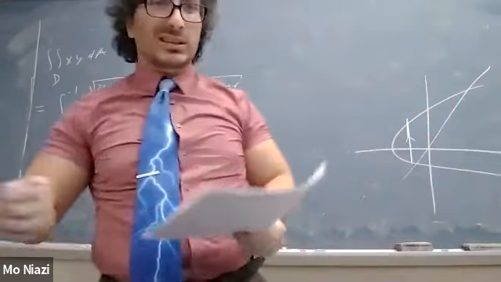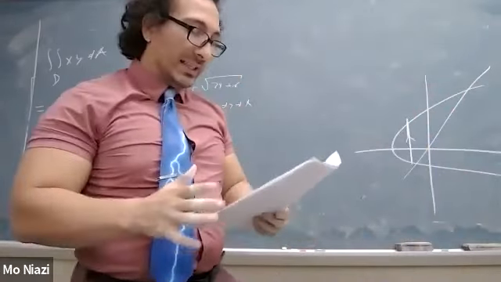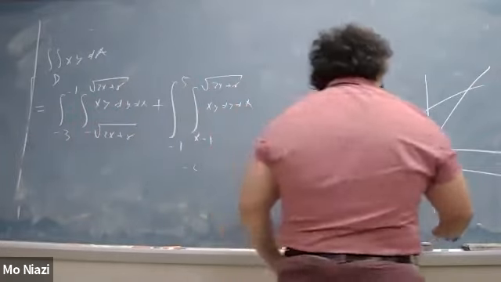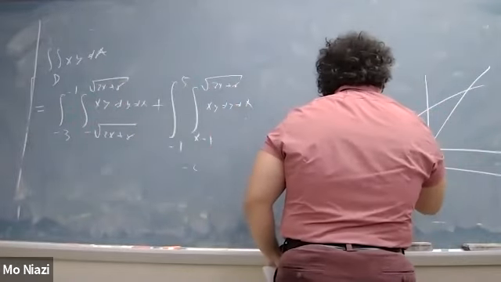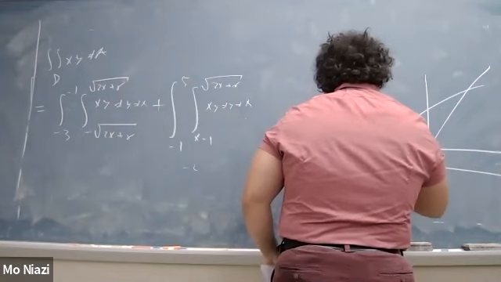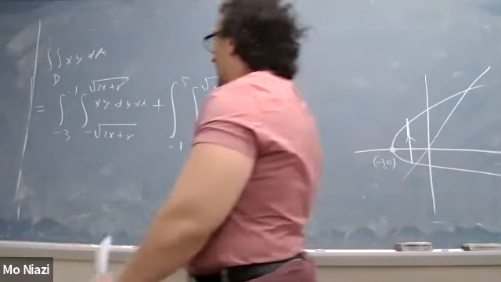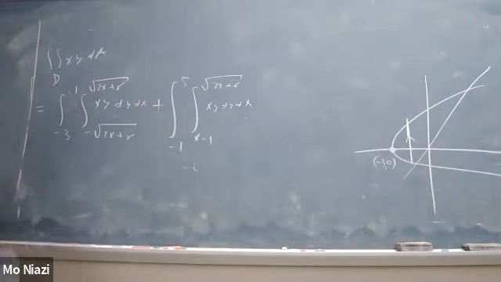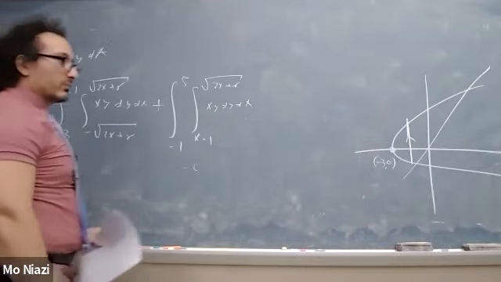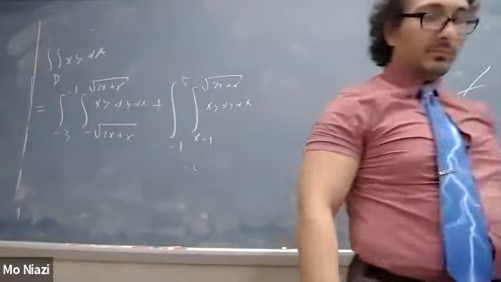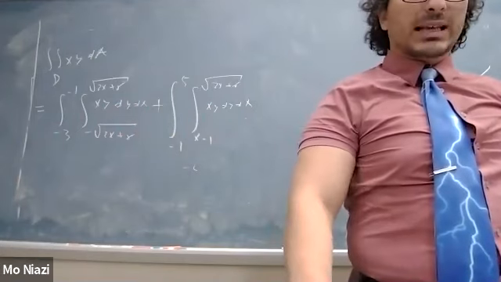I drew it really quickly and it's not as good as it should look. But this intercept right here is at -3. Hence why it starts off at -3, -1. Okay. Let me know if you guys have any questions.